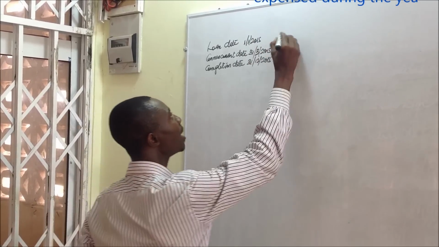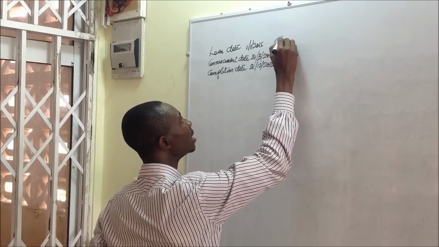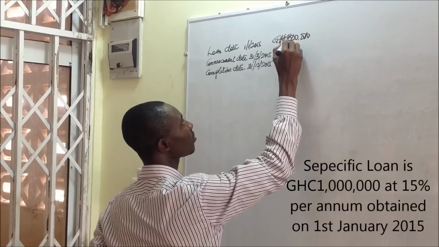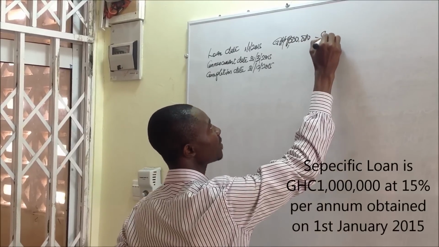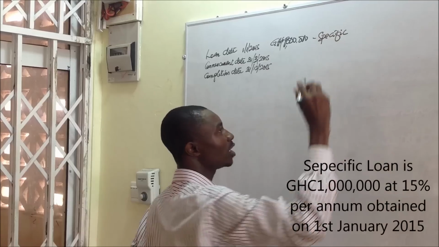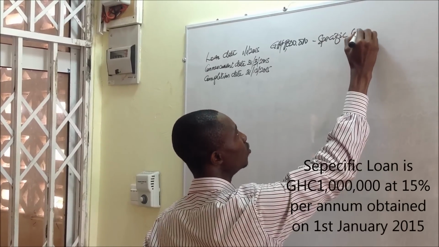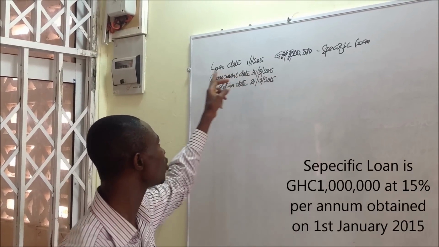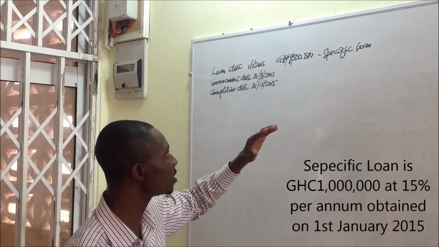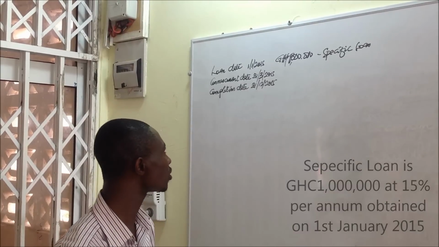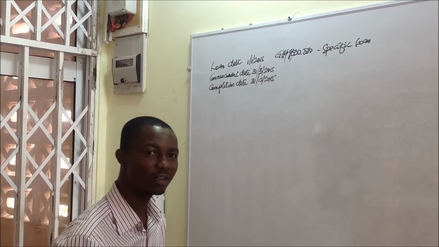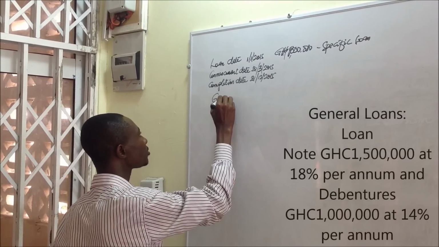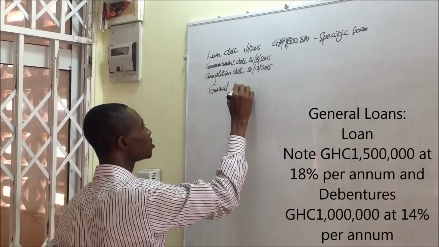We obtained an amount of 1 million cedis, right? And this one is specific for the project, so we call it a specific loan. So we have a specific loan of 1 million cedis, which was obtained on 1st January 2015, purposely for the construction of our project. In addition, we also have some other loans, which we normally call the general loans.